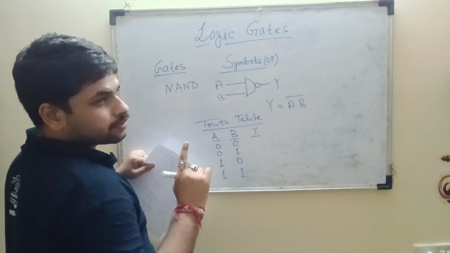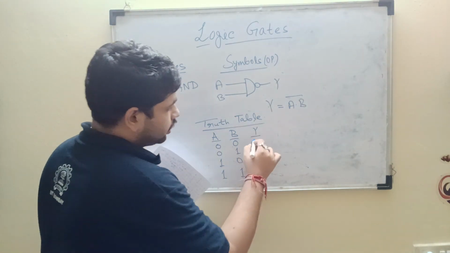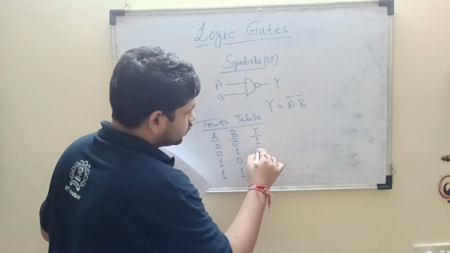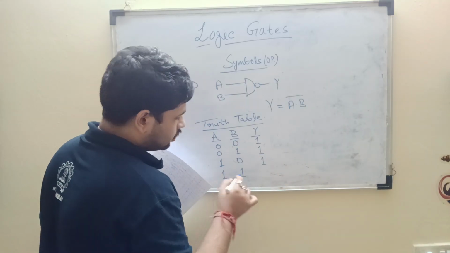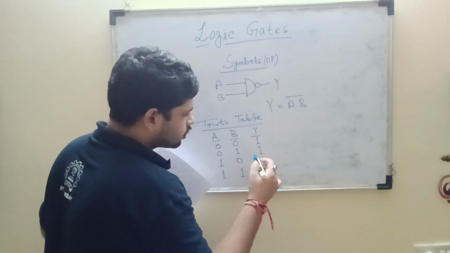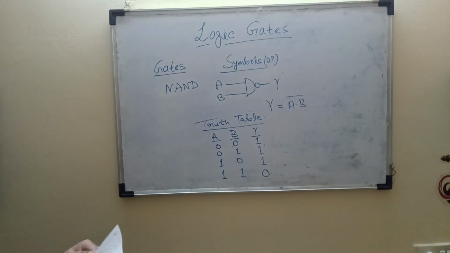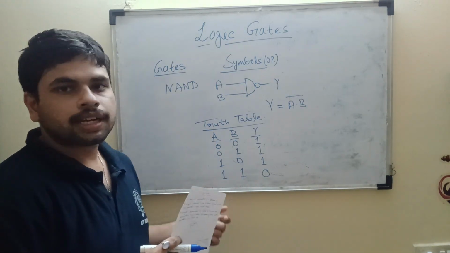So 0 0 gives us 0, and its complement is 1. 0 1 gives 0, its complement 1. 1 0 gives 0, its complement 1. 1 1 gives 1, and 1's complement is 0. So this should be the truth table of the NAND gate.